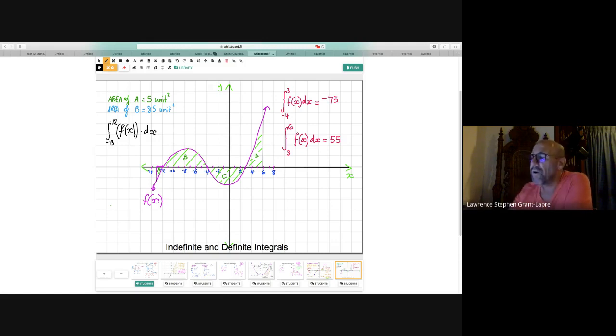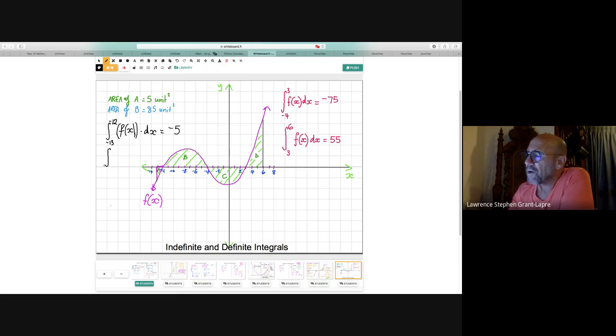What is the value of this definite integral between -13 and -12? Realize the area of A is 5. So who says 5? However, it's underneath the x-axis. The answer is -5. Notice it's 5 square units, but the definite integral is -5 because it's underneath the x-axis.